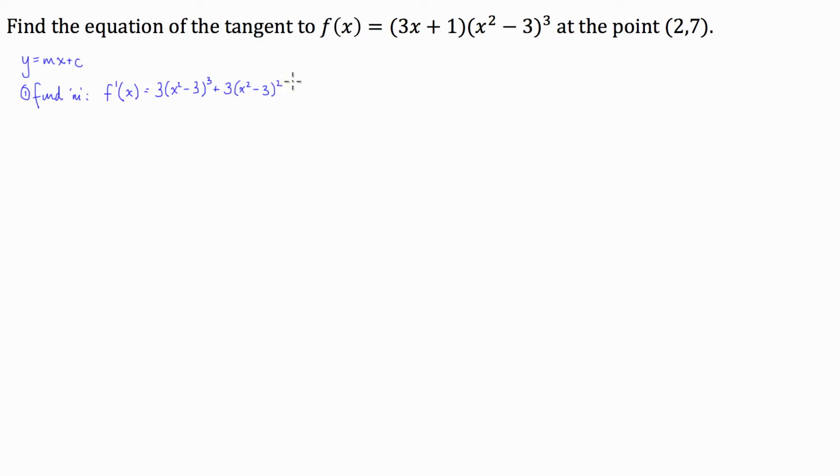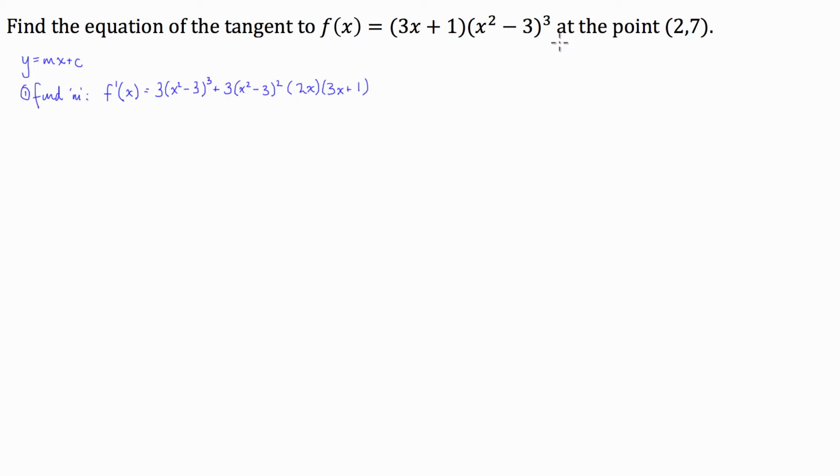Then we multiply that by the derivative of the inside, which is simply 2x. And then we multiply that by the first function staying the same. Cool, so that's our derivative.